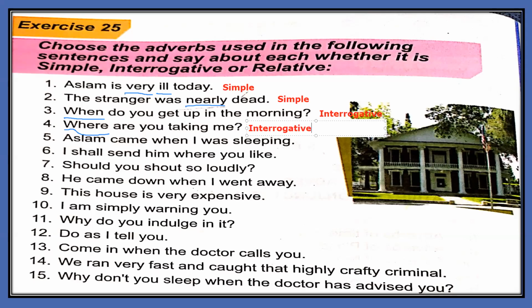And number five, Aslam came when I was sleeping. Now, dear students, see, there are two sentences. Number one is Aslam came, and second is I was sleeping. Both sentences are connected with the relative adverb, and that is when.